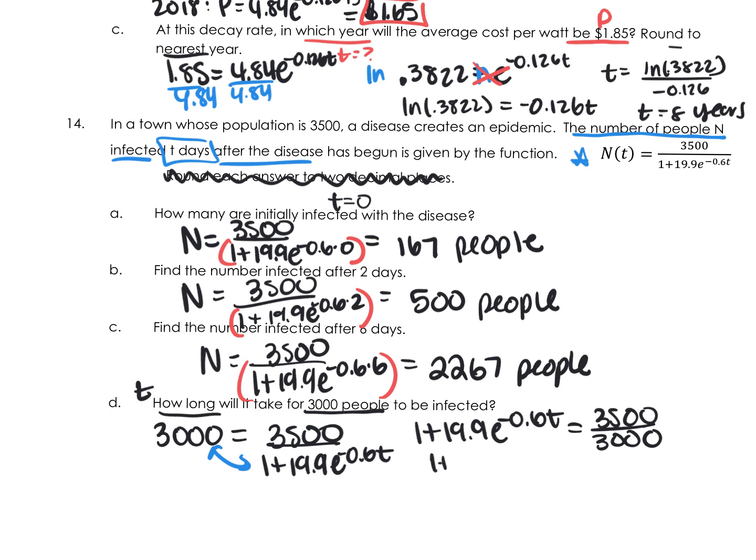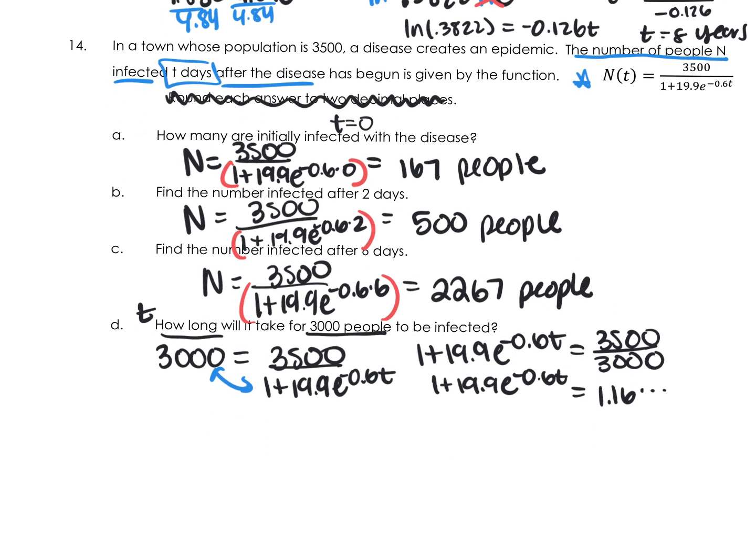That will give us 1 plus 19.9e to the negative 0.6t is equal to 1.16 and so on. Remember, don't round in the middle of your problem, or it will change your answer.